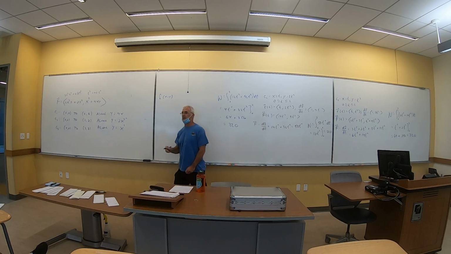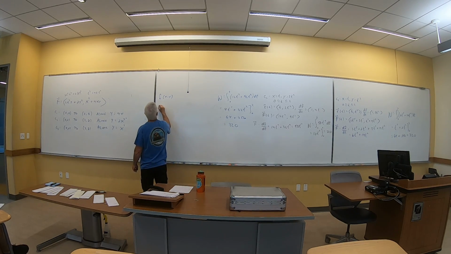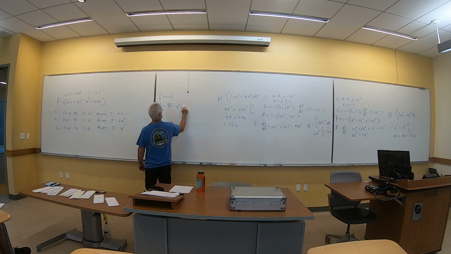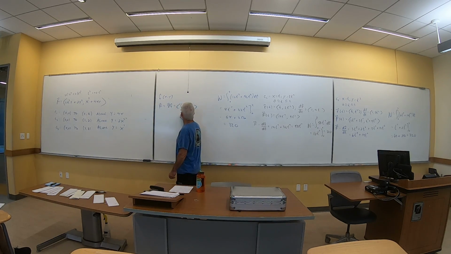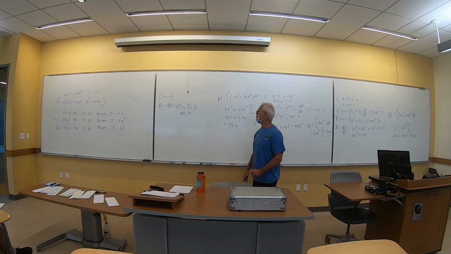I'm going to start with a potential function f of x,y. It could be anything on planet Earth. Then my F, which is the gradient of f, that's my M, that's my N. Agreed? That's the way we usually write it.